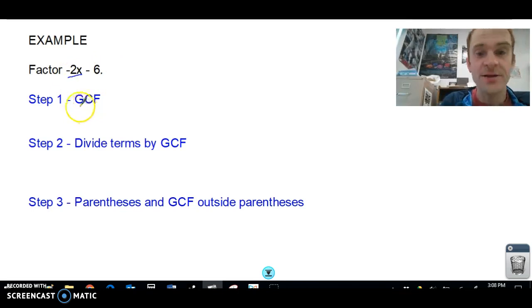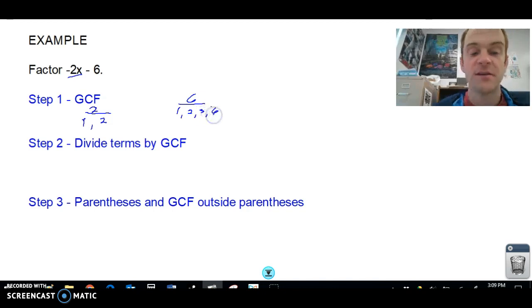One way to think of it is, what are all of the factors of 2? I can divide 2 by 1 and by 2. There are no other numbers I can divide it by. And what are the factors of 6? I can divide 6 by 1, by 2, by 3, and by 6.